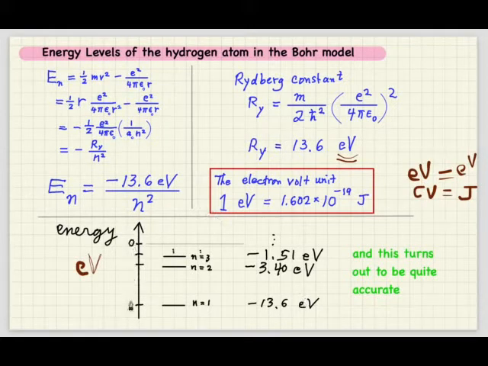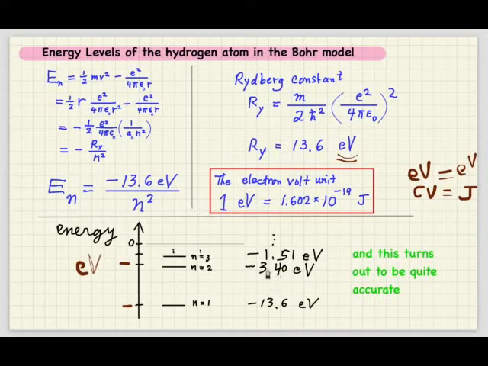The hydrogen atom can't have any energy along this energy line. It can only have certain discrete values. For n equals 1, the value is minus 13.6 electron volts. For n equals 2, it'll be minus 13.6 divided by 4 electron volts.